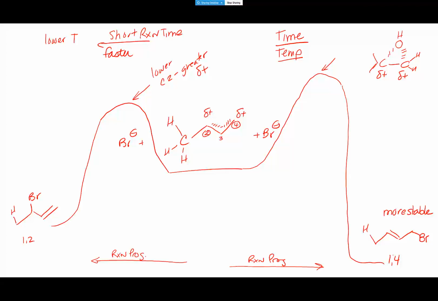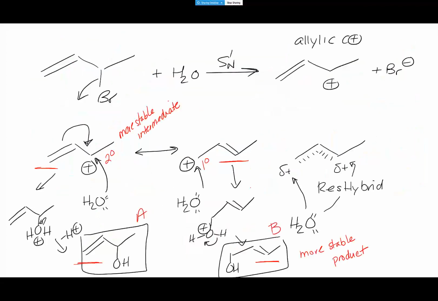So far, we've been just going from the intermediate to the products. Can this product go back to the intermediate? What did we do in our first reaction? We took this bromide, and what did I do?